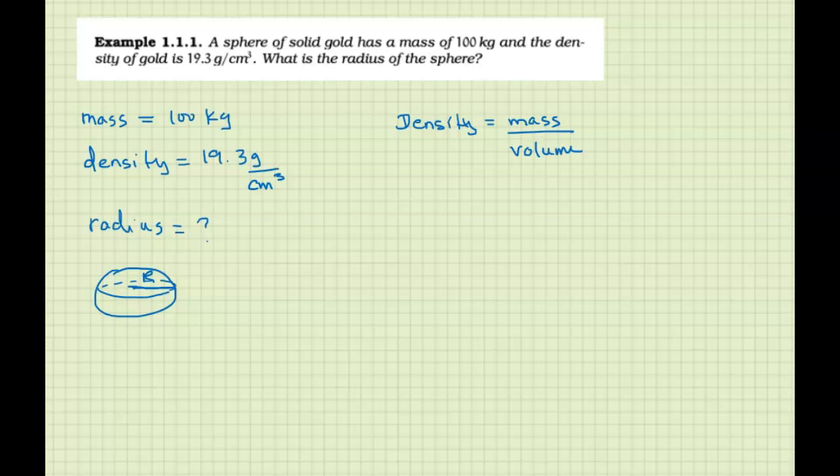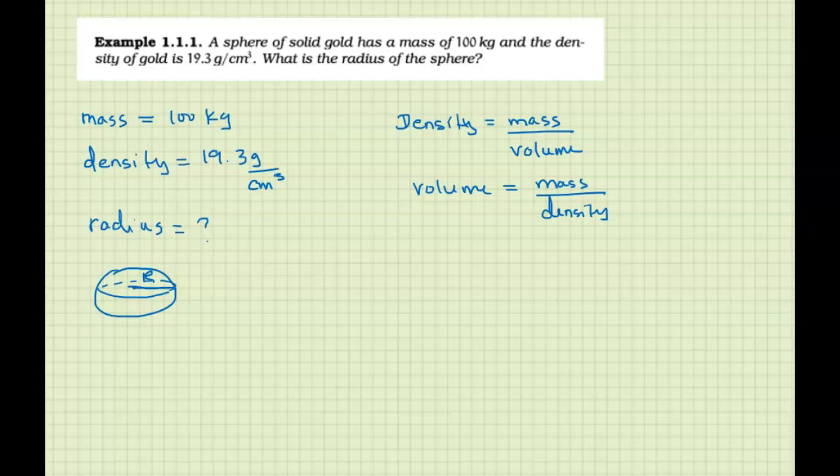Grams is a measure of mass and centimeter cubed is a measure of volume. So you can often figure out formulas by looking at units, but it's good to look them up. From here we can figure out the volume. Volume is equal to mass over density, if we cross multiply and switch these around.